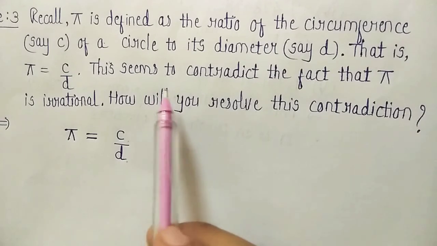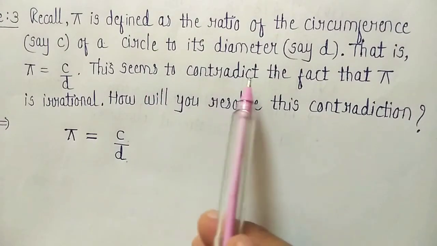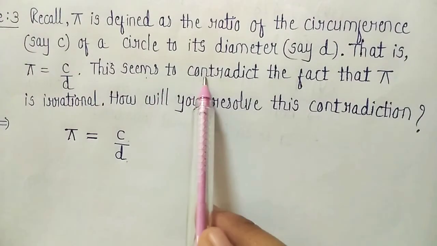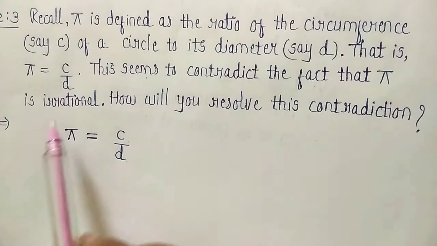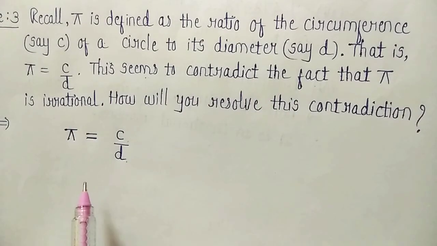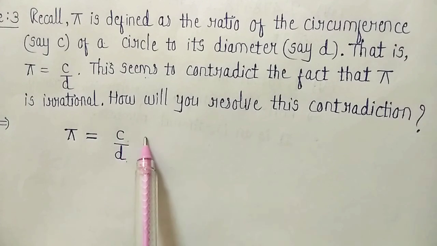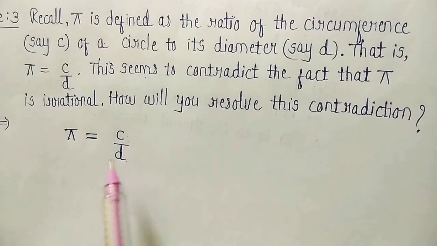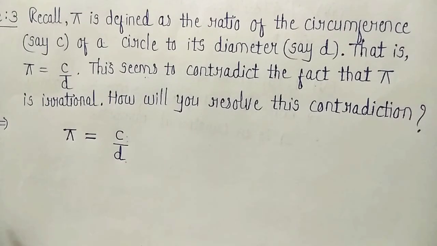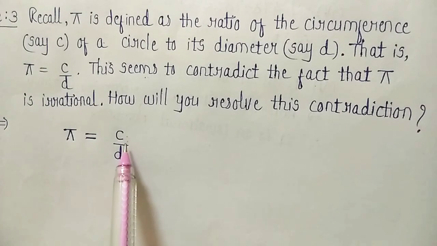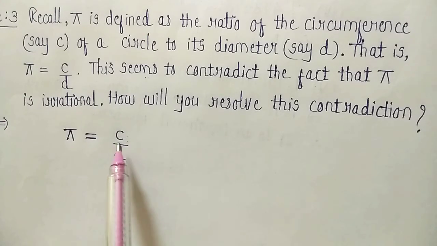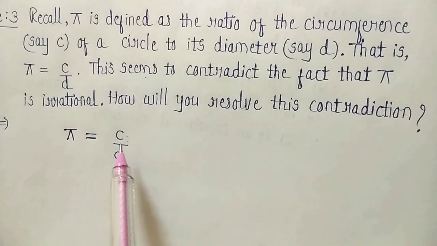Okay, here what is asked? It is said that this seems to contradict the fact that pi is irrational. Why? Because this is circumference and this is diameter. Circumference is the length. So when we measure the length with the help of a scale, then it will be rational.